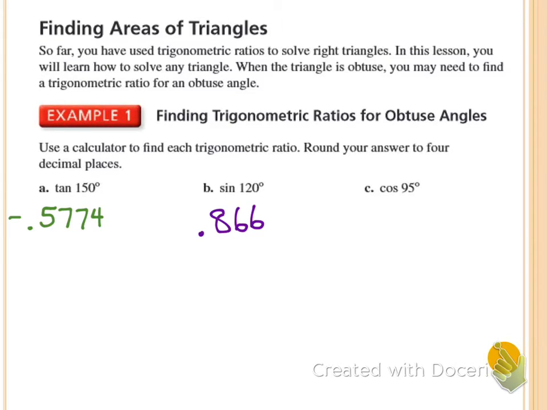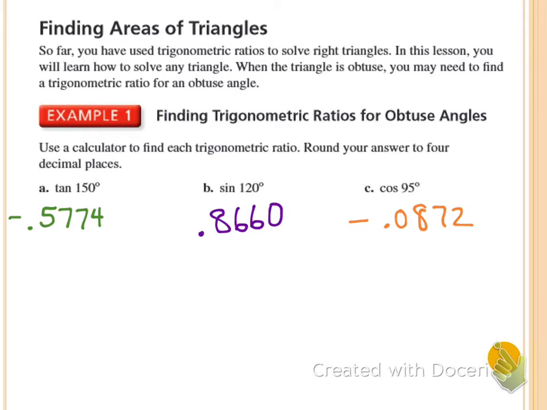And then cosine of 95. Negative 0.0872. Good. Did everyone get those?